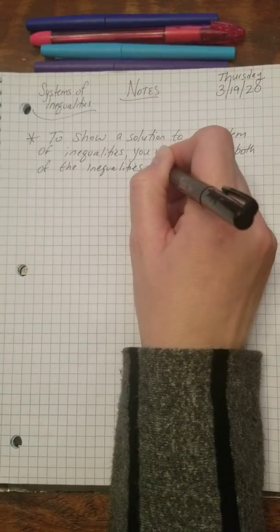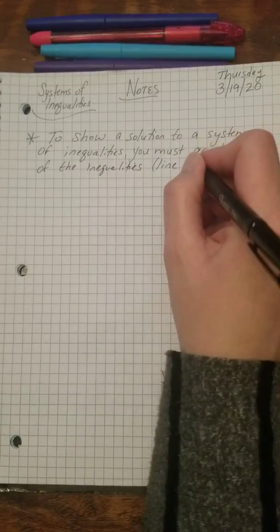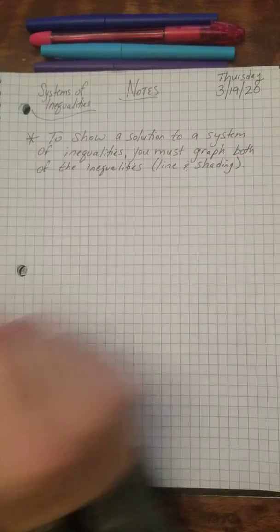And that graph should include the line. Remember, our line is either a solid line or a dashed line, and it also has to include the shading that goes with it.